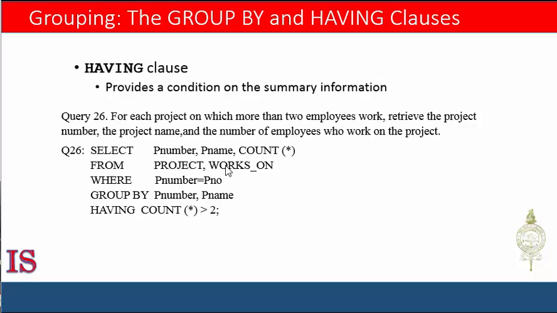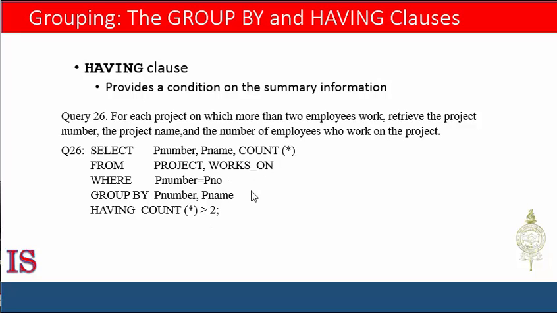Works on is a record for each employee that's working on that project. From project and works on, where project number equals project P number, so that's the same value in two different tables. Group by project number and project name, having a count of greater than 2. So it's going to have at least 3 employees in works on.